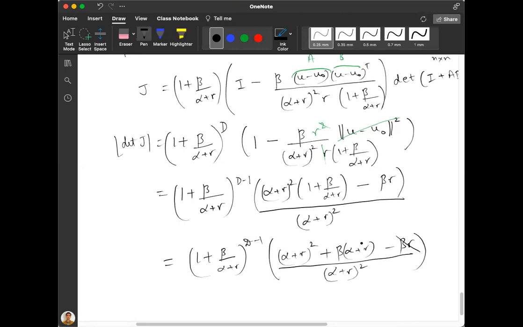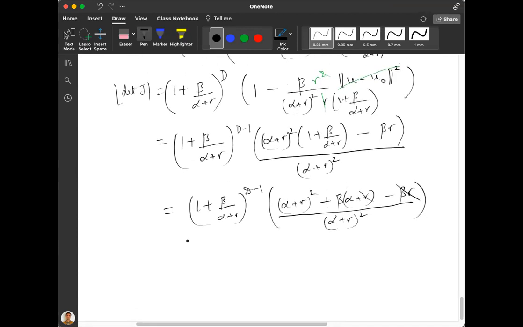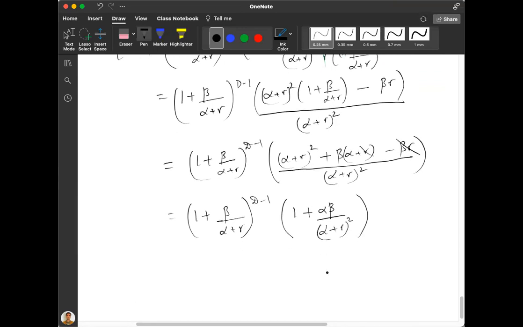Now this beta R gets cancelled with this beta R. So we get a very simple form: 1 plus beta upon alpha plus R to the power D minus 1, and then 1 plus beta times alpha upon alpha plus R whole square. That's it. So this is our final form of the determinant of the Jacobian.